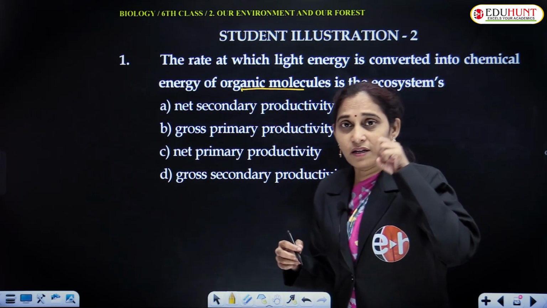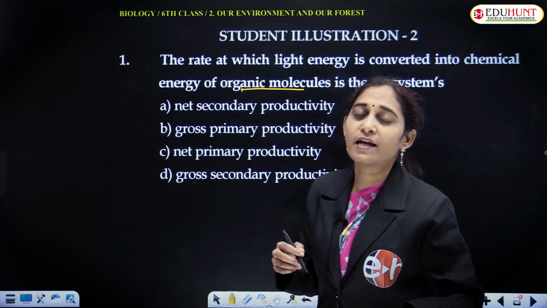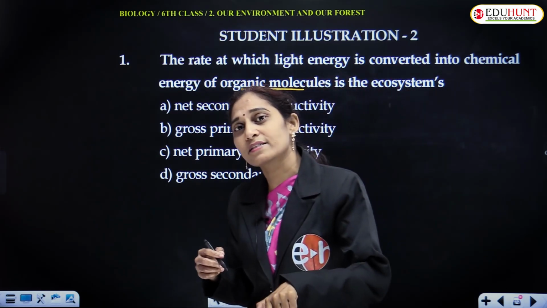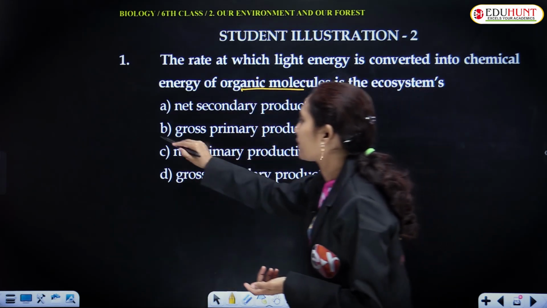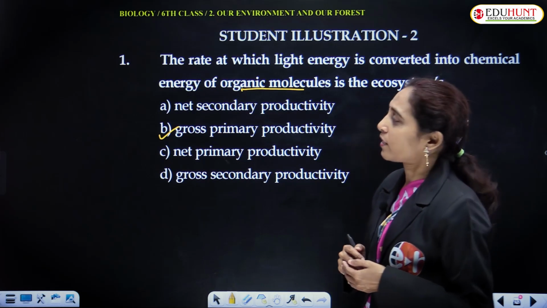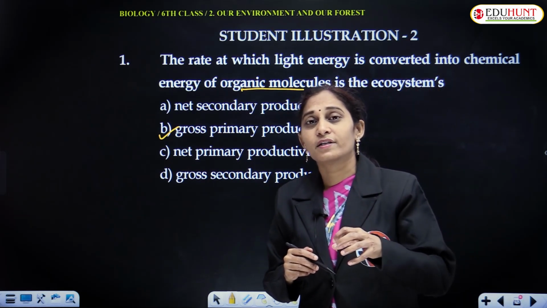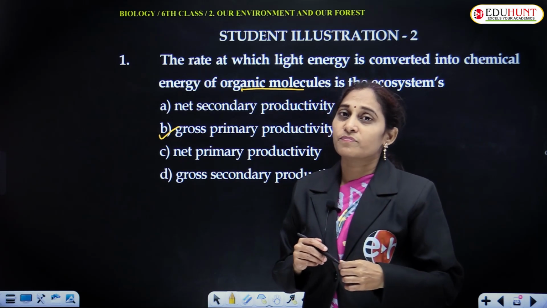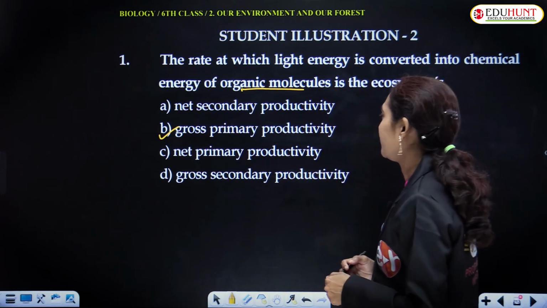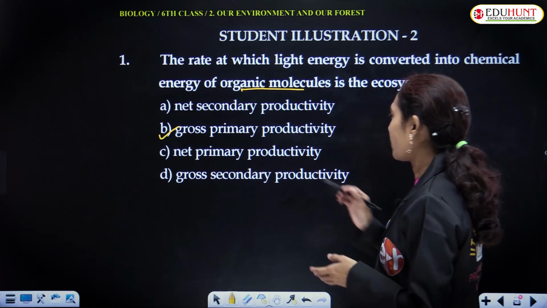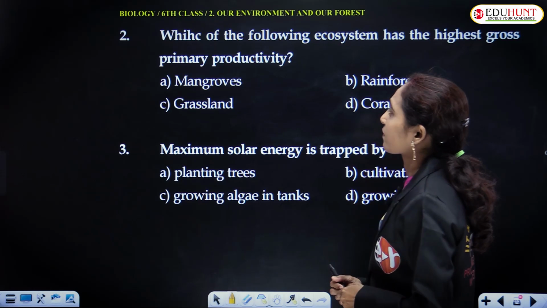The energy trapped is solar energy, and the energy stored is chemical energy. This is nothing but the gross primary productivity, that is the amount of energy trapped by the organism in a unit area at a given time.